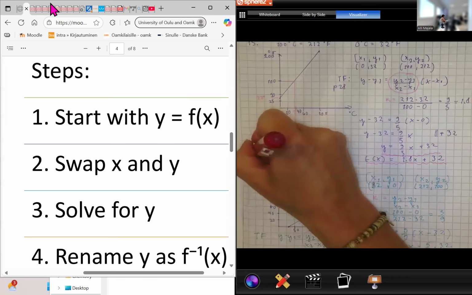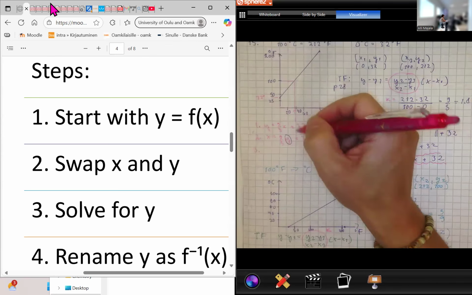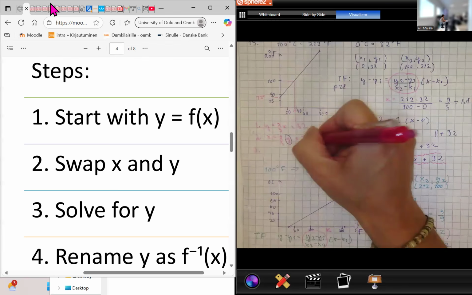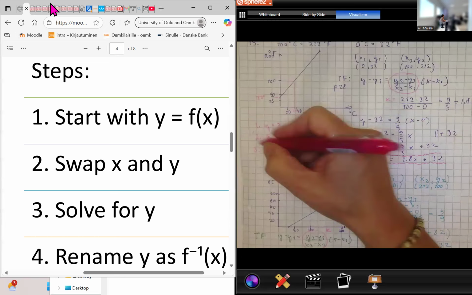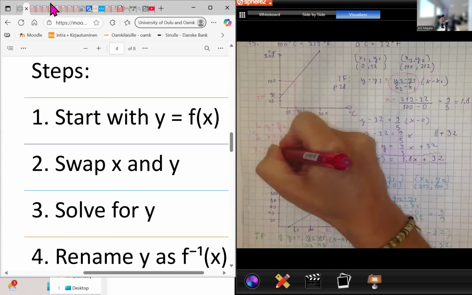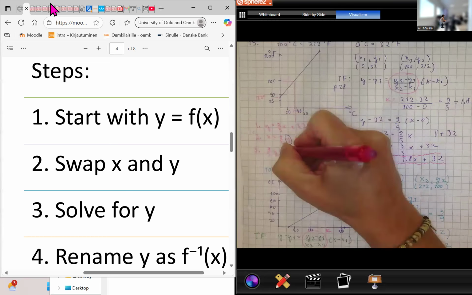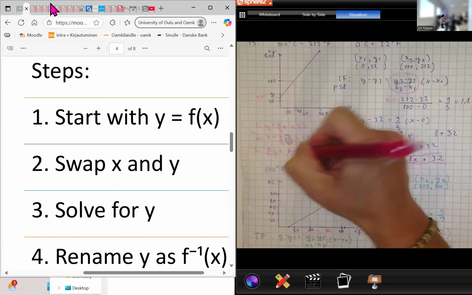That's the third step. So I would, for example, throw that on the other side or subtract it and swap the sides as well. So I would have 9/5 of y would be x minus 32.